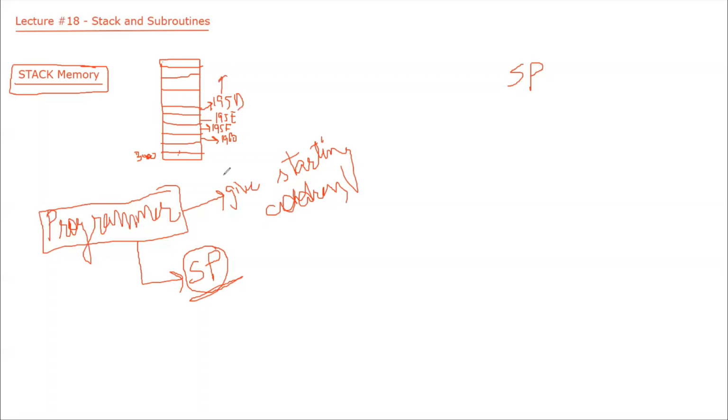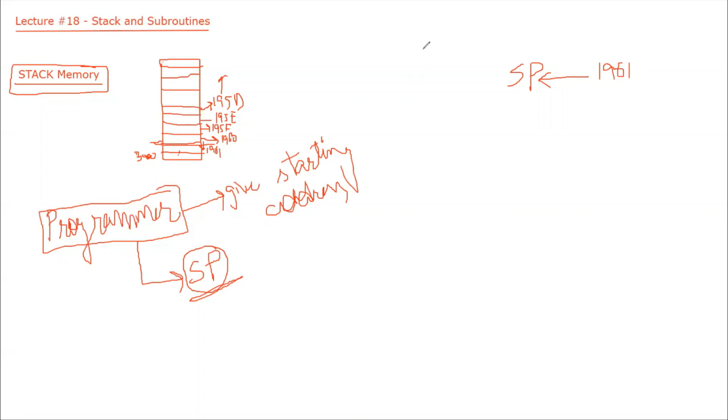Let's say we are saying that we will start our stack memory from this location 1960. The programmer will first initialize the stack pointer with the address next to 1960. The address next to 1960 will be 1961. So it will initialize the stack pointer with 1961. So this is the initialization.